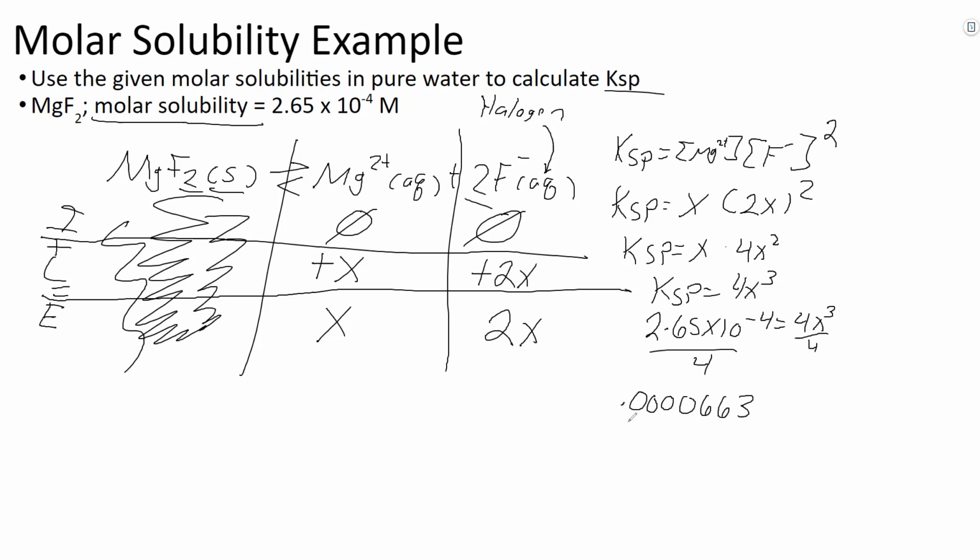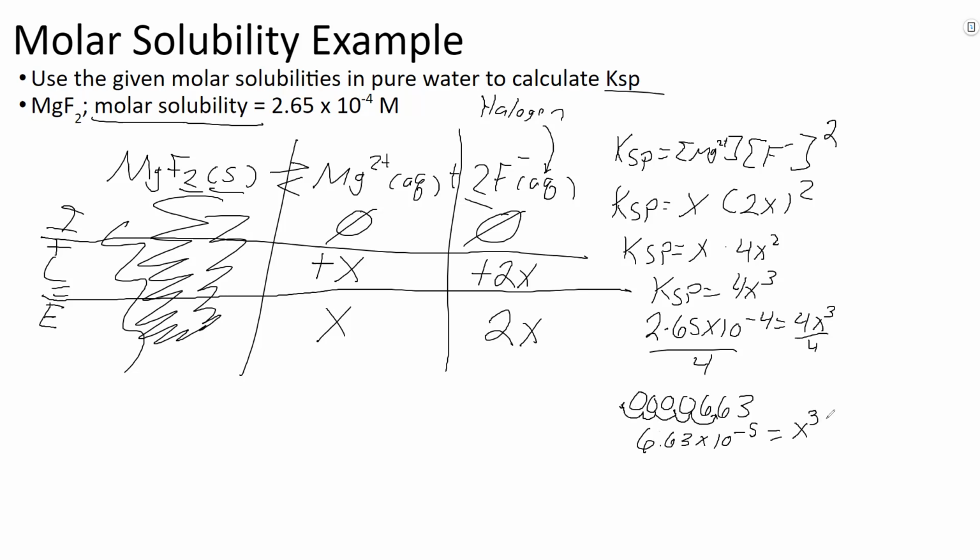Your calculator might give you scientific notation as well. So in scientific notation, it is 6.63 times 10 to the minus 5 is equal to x cubed.